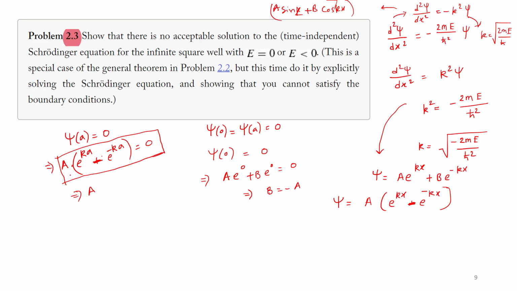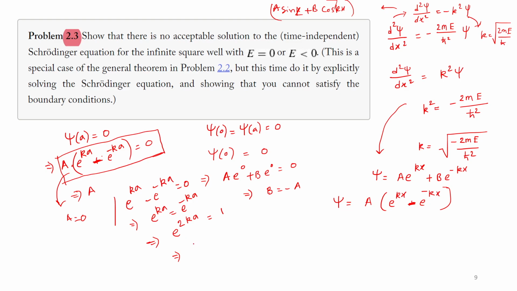So suppose this can be possible when either a is 0 or e to the power kappa a minus e to the power minus kappa a is 0. That means e to the power kappa a is equal to e to the power minus kappa a, and when we multiply we get e to the power 2 kappa a equal to 1.